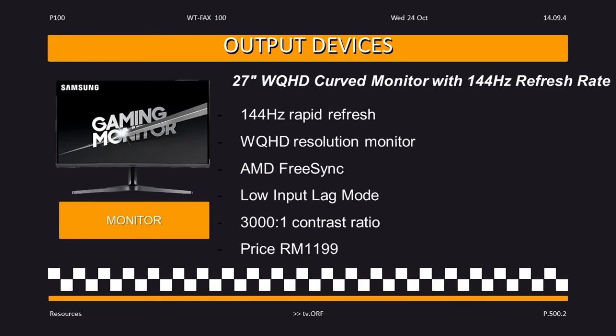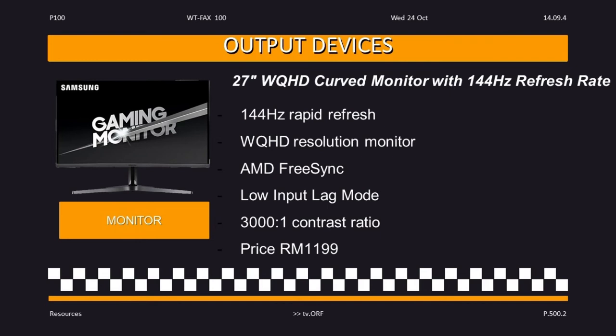The last output device for Nawal is a monitor. We chose a 27-inch WQHD curved monitor with 144Hz refresh rate. It comes with 144Hz rapid refresh with WQHD resolution.